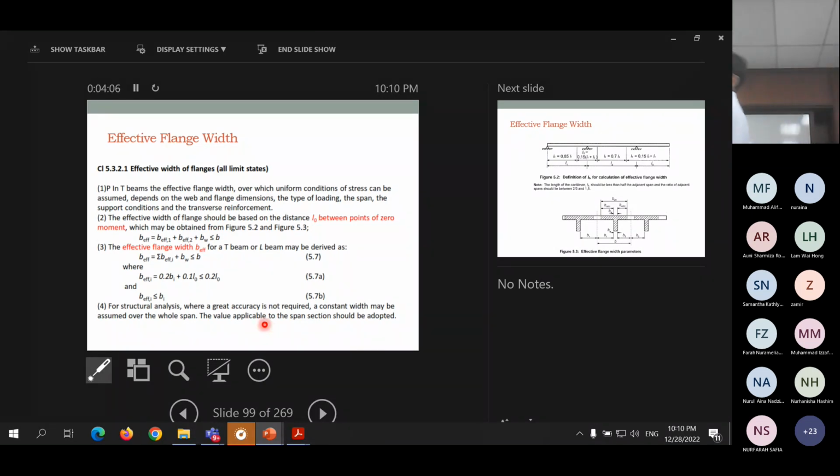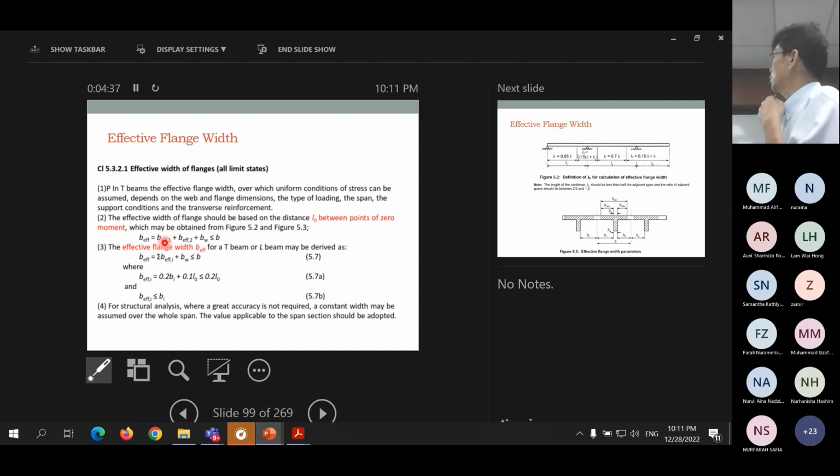So the effective width is determined using the equation as shown here. B effective is B effective 1 plus B effective 2, which are shown in figures 5.2 and 5.3, plus BW. BW is the width of the beam, called the web section of the flange, and all this must not be more than B.